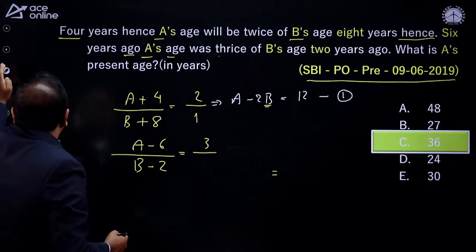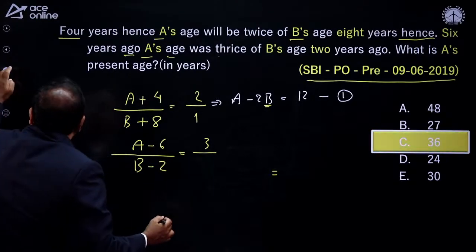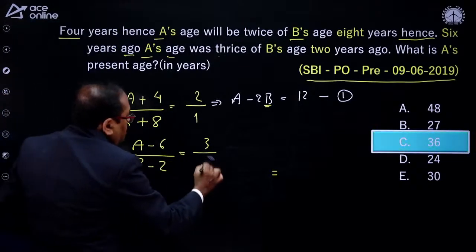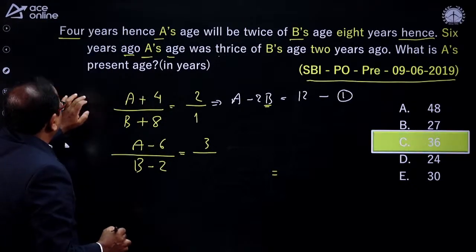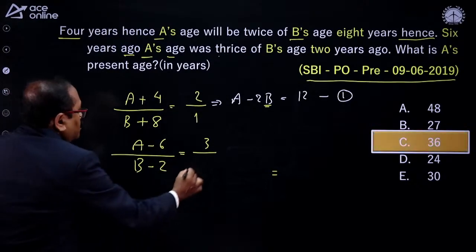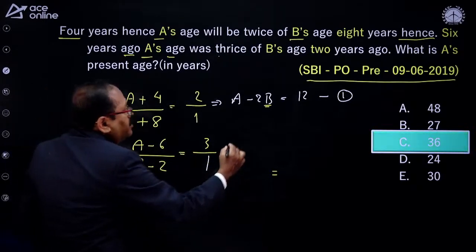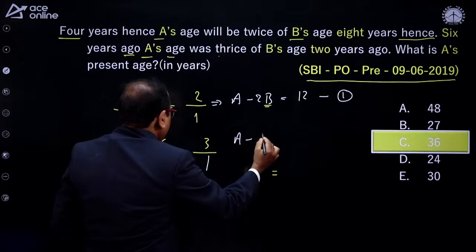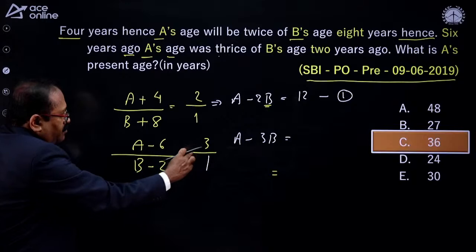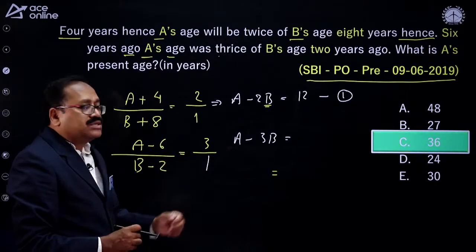Okay. So here I get this as 3:1. So here I get A minus 3B, which is equal to minus 6 over here, and minus 6 and plus 6 is 0.